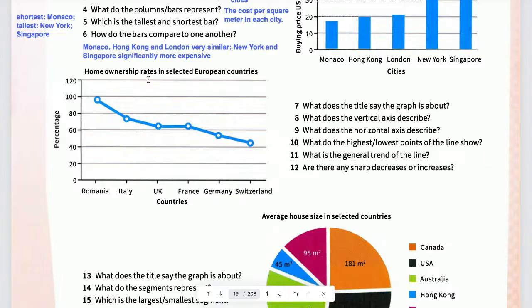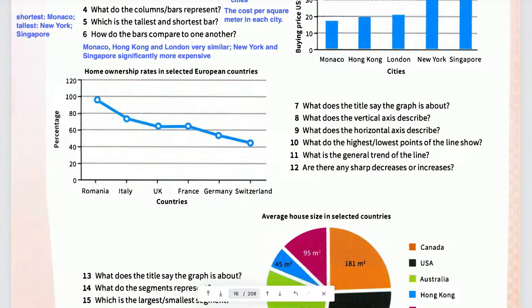When we look at the title, we can find some information about the percentage of home ownership in some European countries. In one particular European country, how many percent of people can actually own their houses?